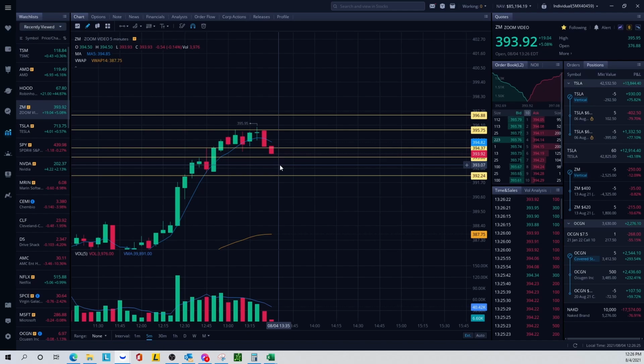But I didn't get filled, so I just get to sit and watch this stock price hit resistance, which is what we were looking for. So it tried, 1, 2, 3, 4, 5, 6 candles, failed to break through this level, and then it's starting to fade. So that's what you want to see.